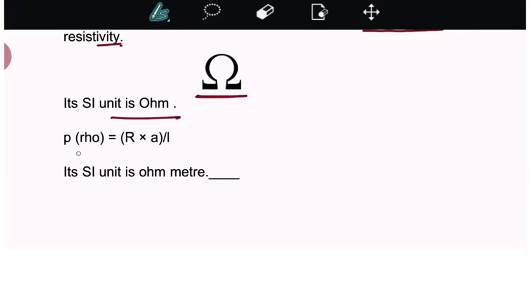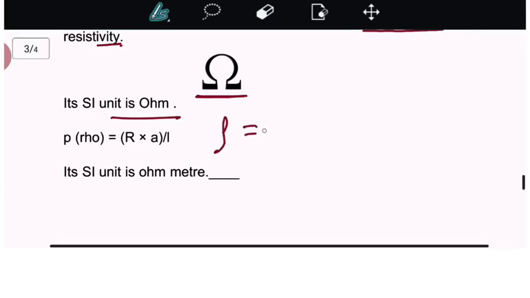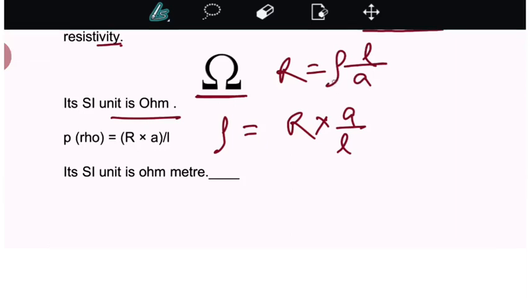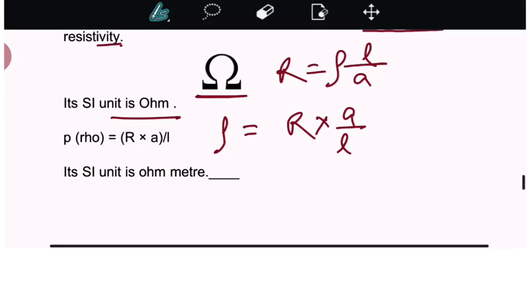Now rho will be what? Rho is equal to R into A by L. It is calculated from R is equal to rho into L by A. So rho is equal to RA by L. No problem in it. And its SI unit is ohm meter.